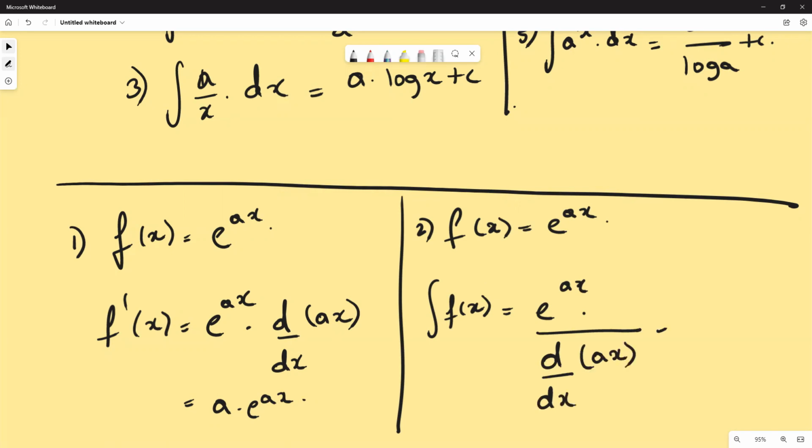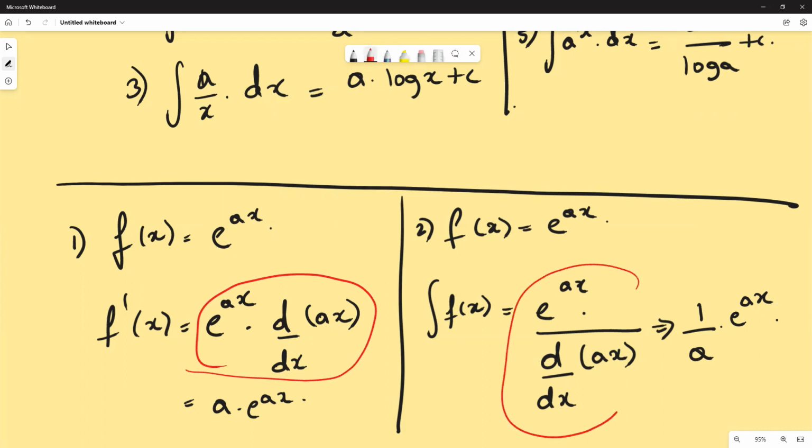So this leaves us with 1 by a e power ax. Now, if you see, in differentiation we are multiplying, and in integration we are dividing. That's a very important difference between integration and differentiation.